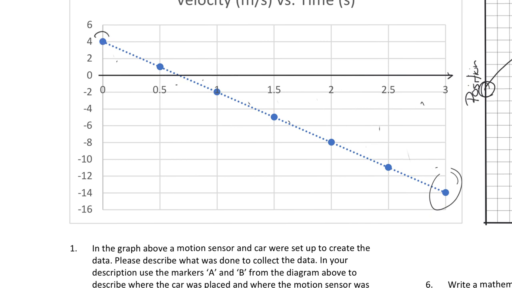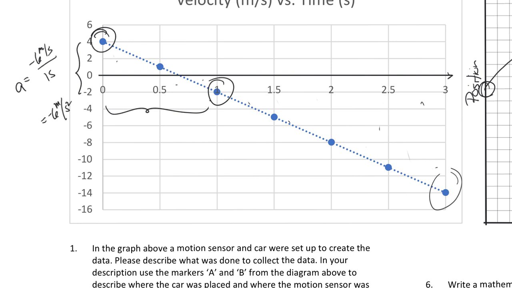So I'm going to choose, let's see, this point and this point seem like best to me. Rise, -6, run is 1. So the acceleration is -6 meters per second over 1 second, or -6 meters per second squared. So that's going to be the acceleration. I'm also going to point out that the initial velocity is +4.